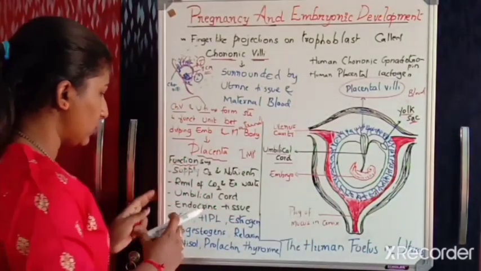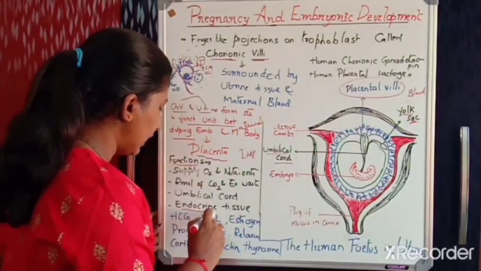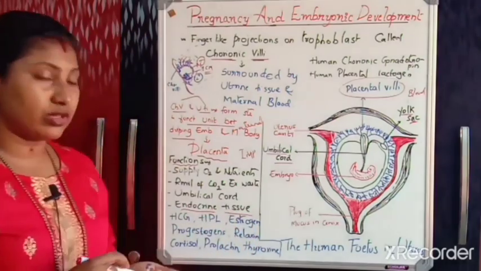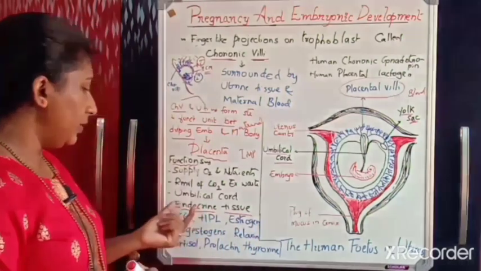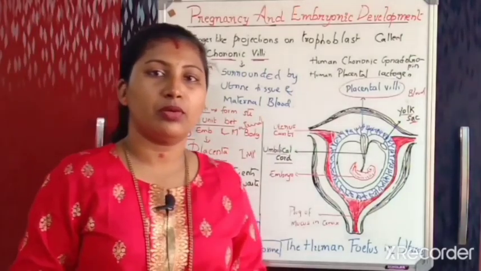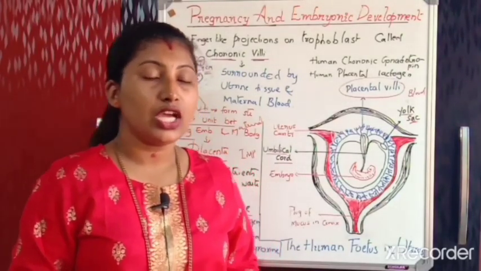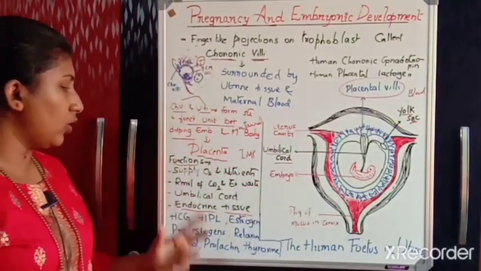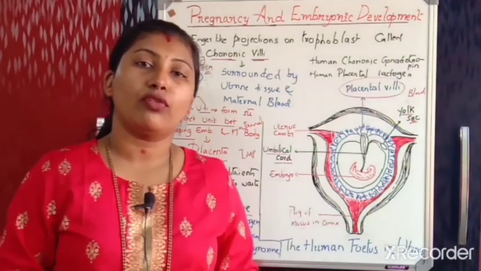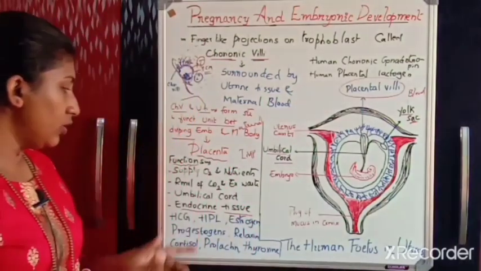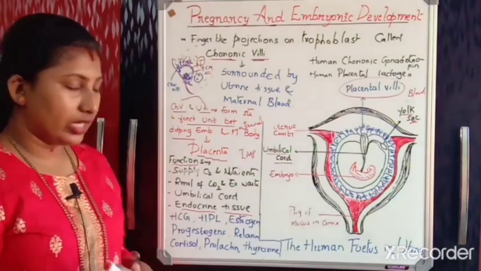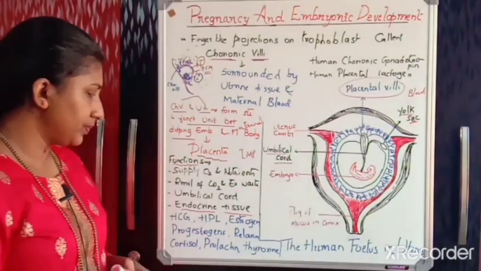The next important function of the placenta is that it also acts as endocrine tissue. What do you mean by endocrine? You might remember the endocrine glands, right? So the placenta also synthesizes a few hormones. The hormones of the placenta are very important. It may be asked for 2 marks.